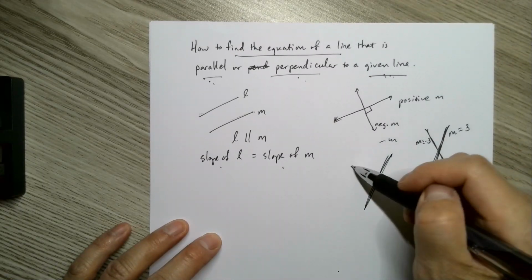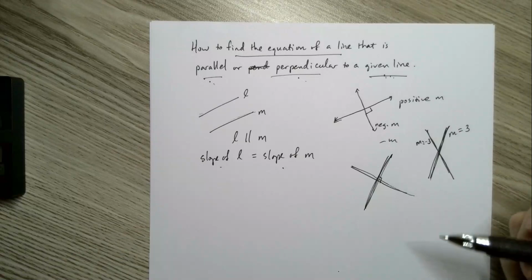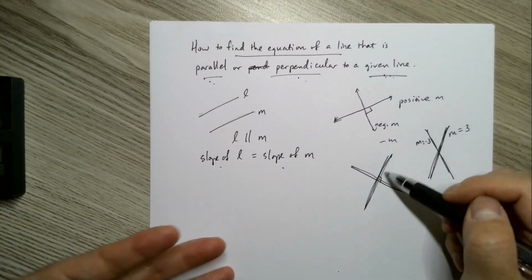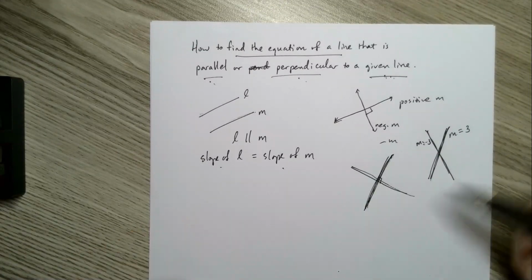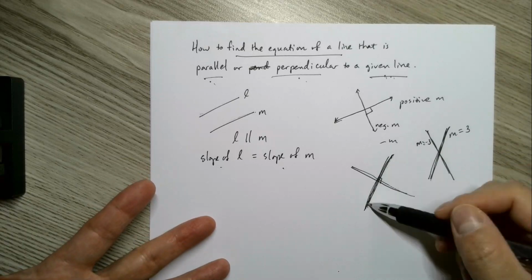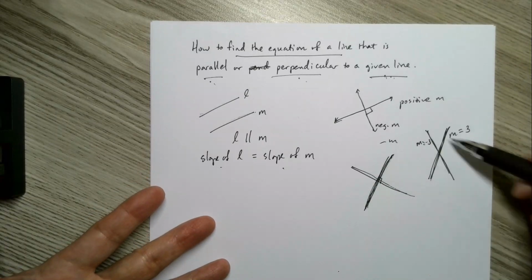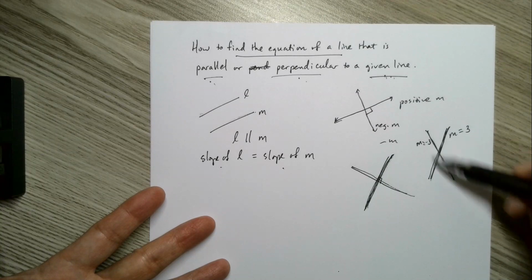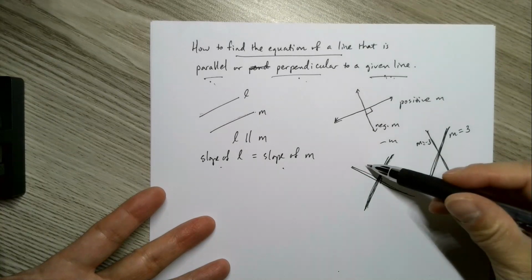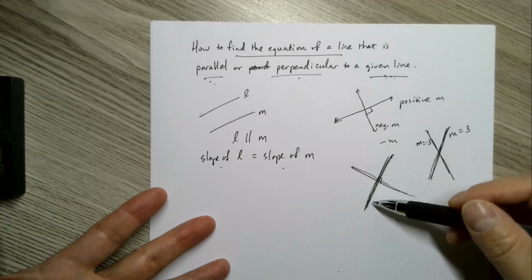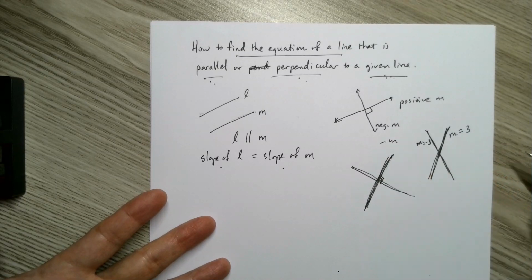If it were just the negative of whatever slope this is, you would get an x-looking figure like this, not a pair of perpendicular lines like this.